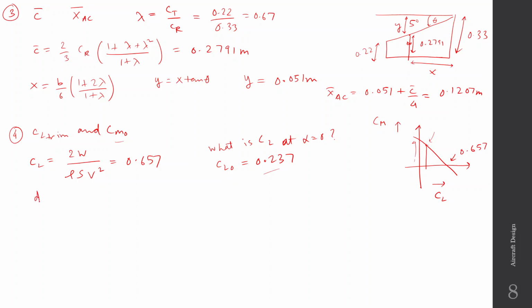We know that dCm by dCl is the negative of the static margin, and static margin we can assume for now as 15%. So you can write this as 0.15. Now your CM is CM naught plus dCm by dCl times CL.